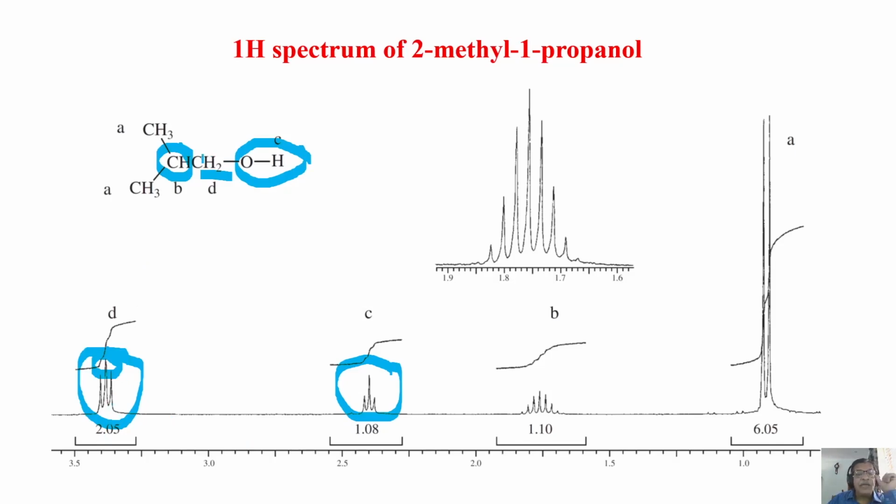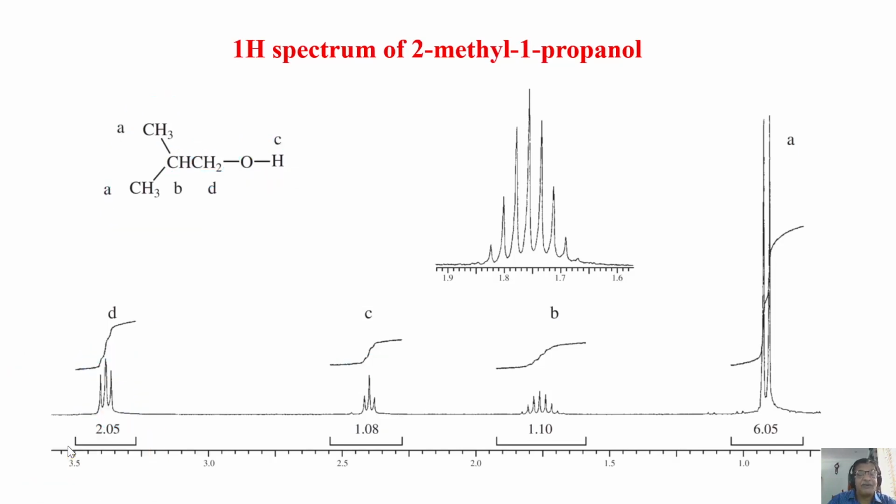Fantastic. What about the CH proton? This is a very complex spectrum it will give, this group especially. The reason is it is coupled to two CH3s and also the CH2. Remember the multiplicity pattern I explained to you, when one of the protons is coupled to many chemically equivalent spins, you work out the multiplicity pattern.